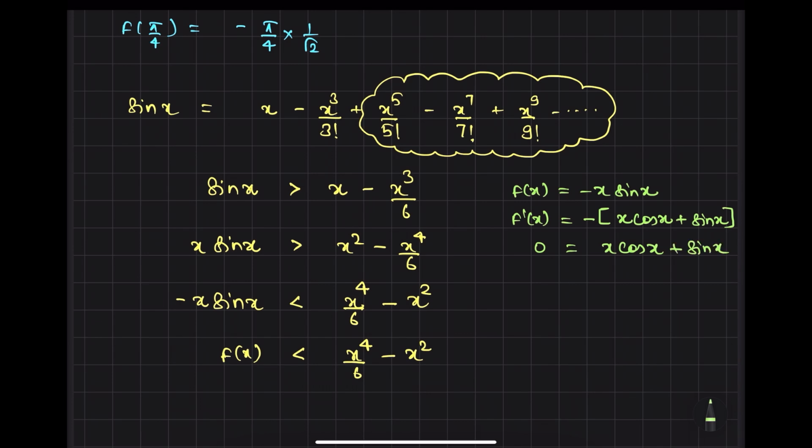Now can I write both of them, meaning can I take the trigonometric part on one side and the variable on the other side? So we have sin x by cos x is equal to minus x. Correct or wrong?